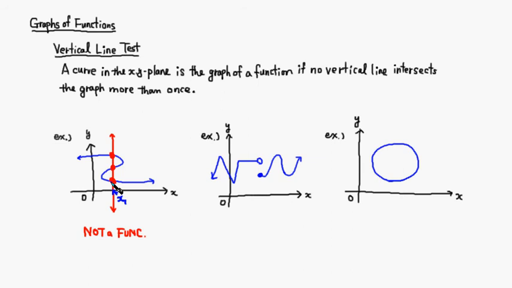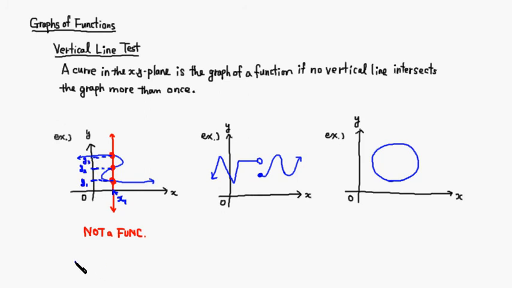Then this intersection gives you a corresponding y value. So y1 corresponds to x1, and there's another y value, y2, that corresponds to x1, and also here, y3.